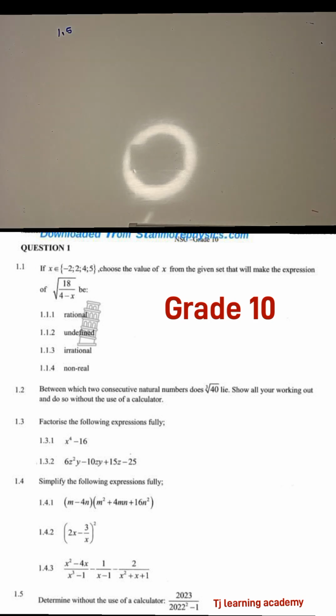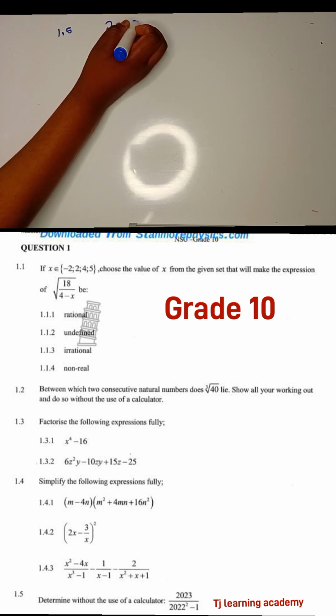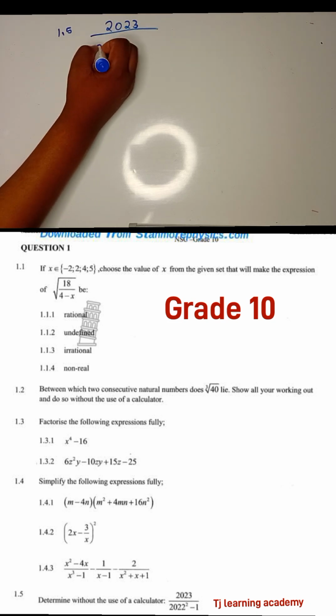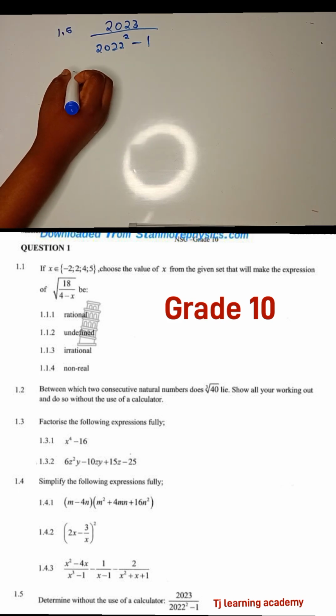It reads: determine without the use of a calculator 2023 divided by 2022 squared minus 1.